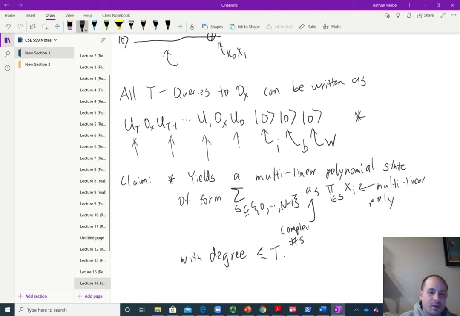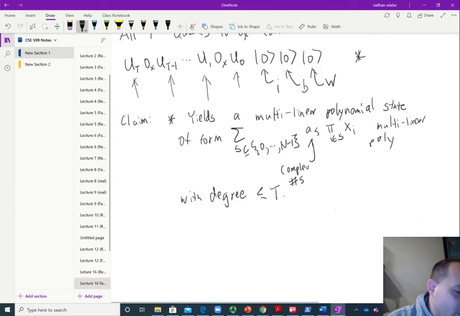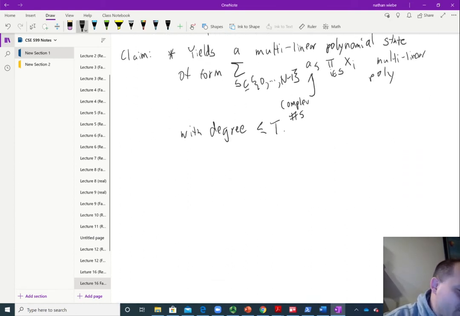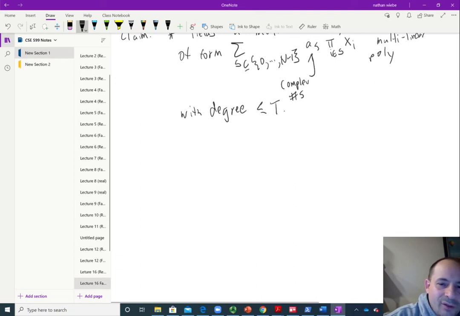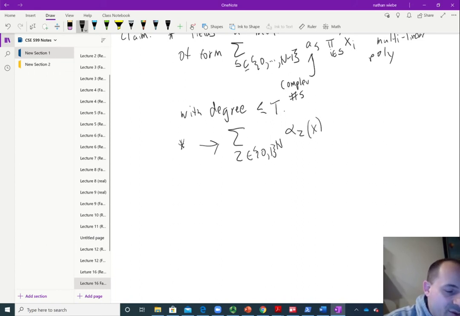Okay, so what do I mean by that? In particular, the quantum state that we end up getting out of this is that star maps to the sum over z in {0,1}^n of alpha z of x |z>.